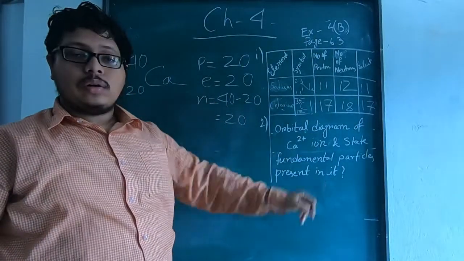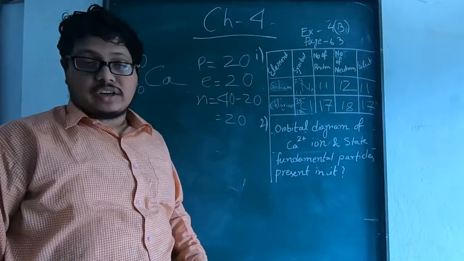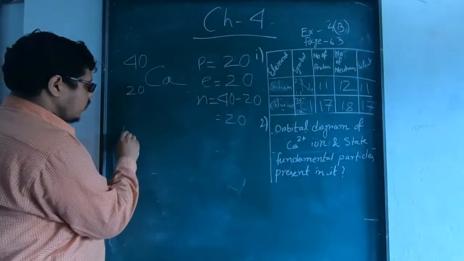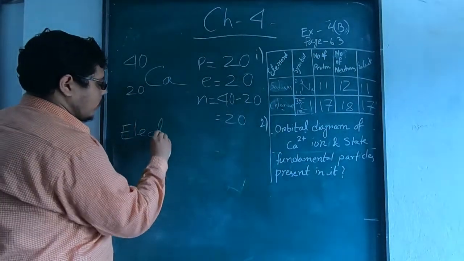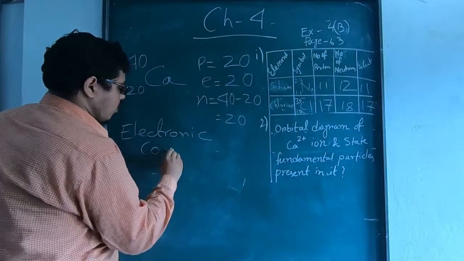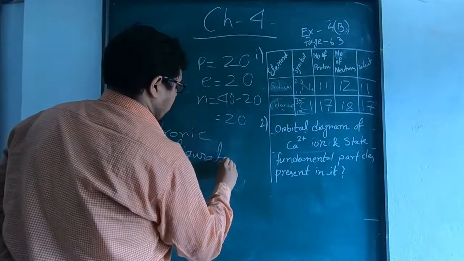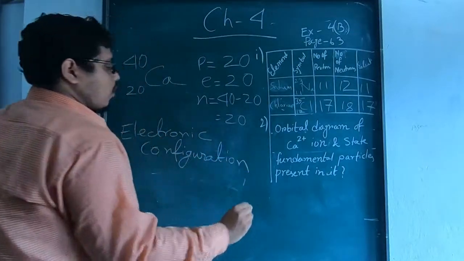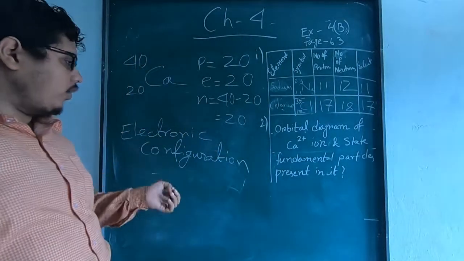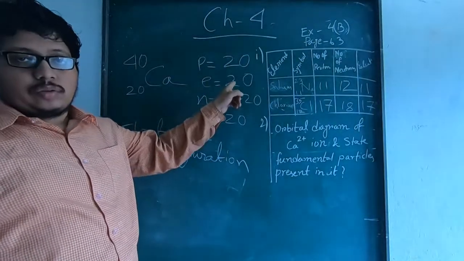But to draw, we need to know the electronic configuration, is it not? Let's do this. In electronic configuration, first of all we need to think about the electrons.